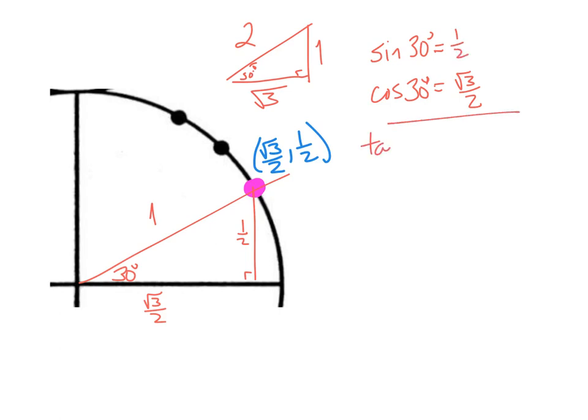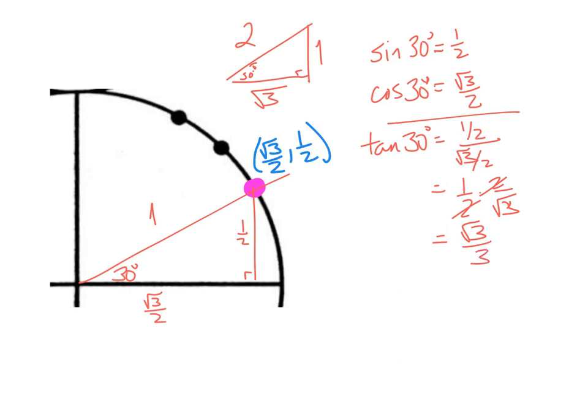For tangent of 30 degrees, we have to do sine over cosine. So 1/2 over square root of 3 over 2. Dividing by a fraction is the same as multiplying by the reciprocal. So 2 over the square root of 3. These will cancel. We'll have square root of 3 in the denominator. We should rationalize the denominator by multiplying by square root of 3 over 3. And that ends up being our tangent.